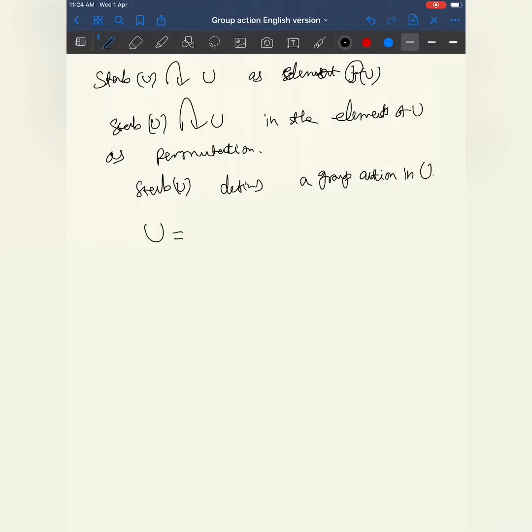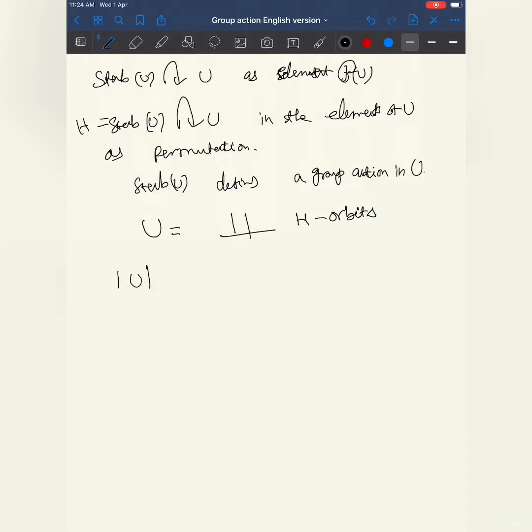Now whenever we have a group action, remember this is what we always do. Let's call the stabilizer of U as H. Consider the H-orbits. Now we know the order of U is nothing but the sum of the sizes of the H-orbits, by virtue of disjointness.